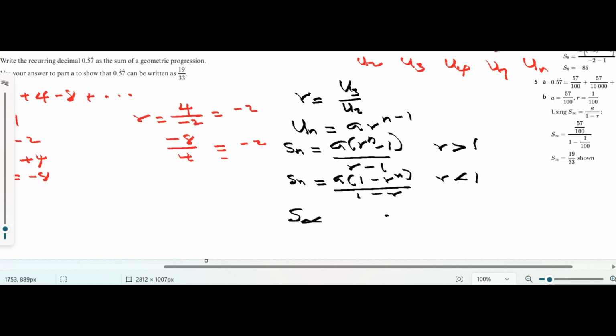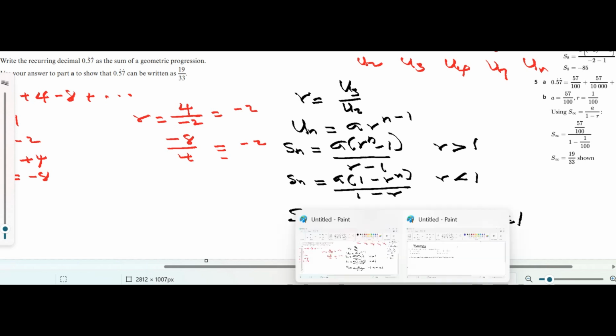The sum to infinity is denoted with this symbol, and it's always A all over 1 minus R. In such case, your common ratio will be -1 less than or equal to R less than or equal to 1. So it will always be less than 1. When your common ratio is less than 1, you can calculate the sum to infinity of that geometric sequence. Let's apply.